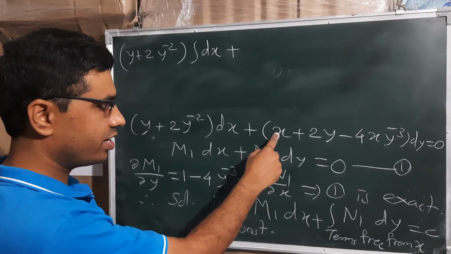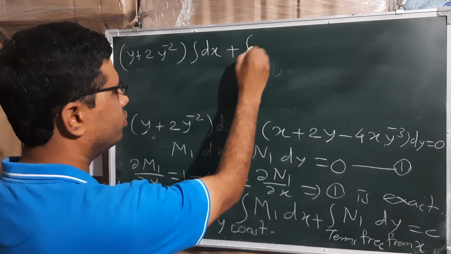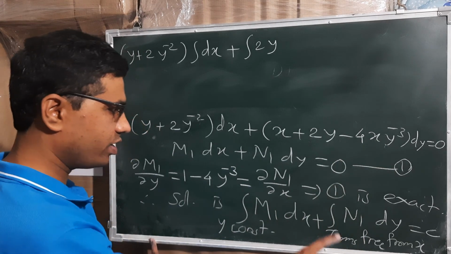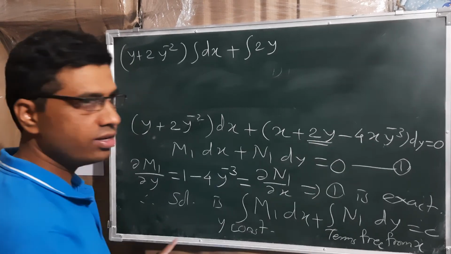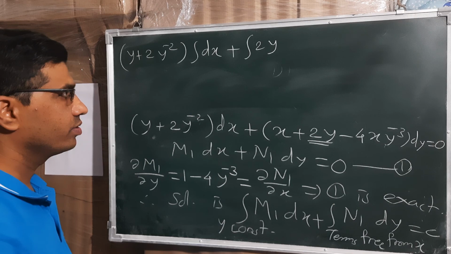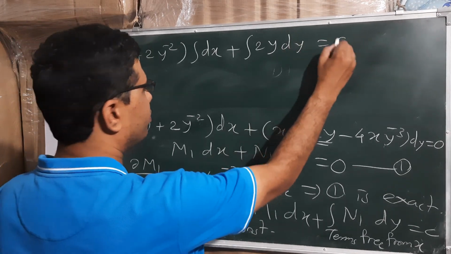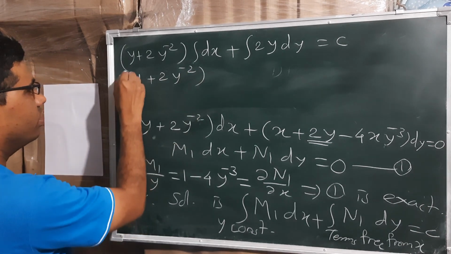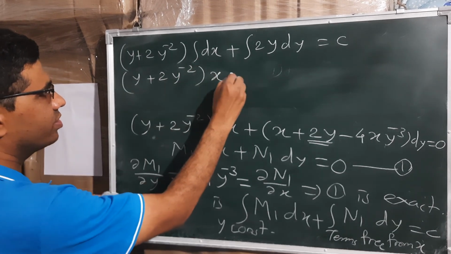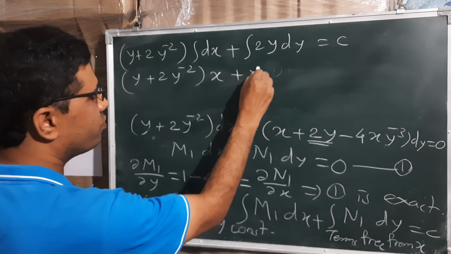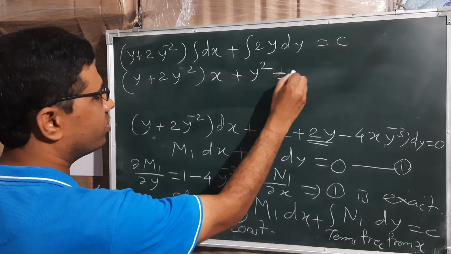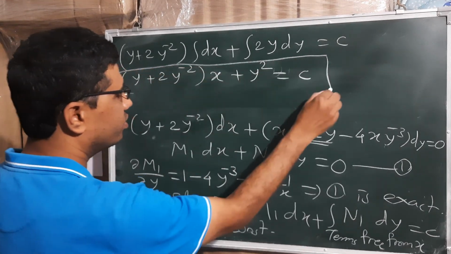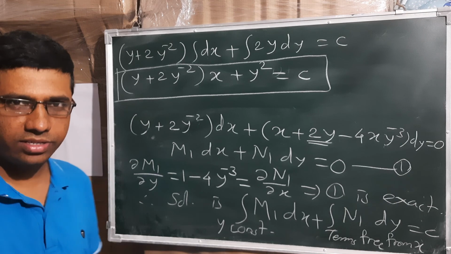This contains x, this is free from x, so 2y, and this also contains x, that's all. This is the only term in n1 which is free from x, dy equal to c. So this is (y plus 2y raised to minus 2) into x plus y square equal to c, and this is the required solution of the given differential equation. Thank you.